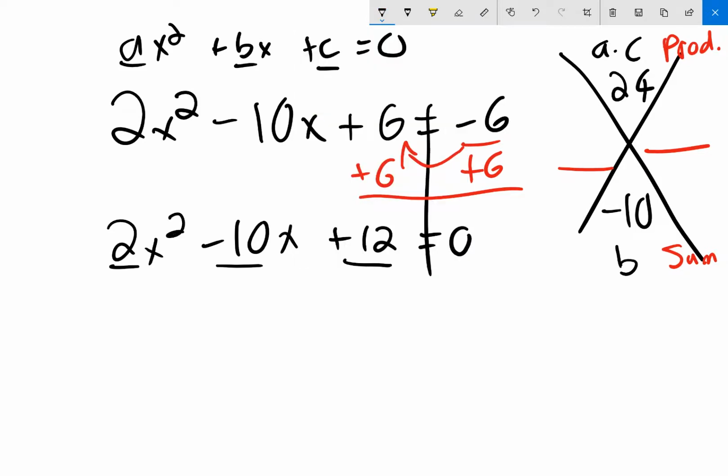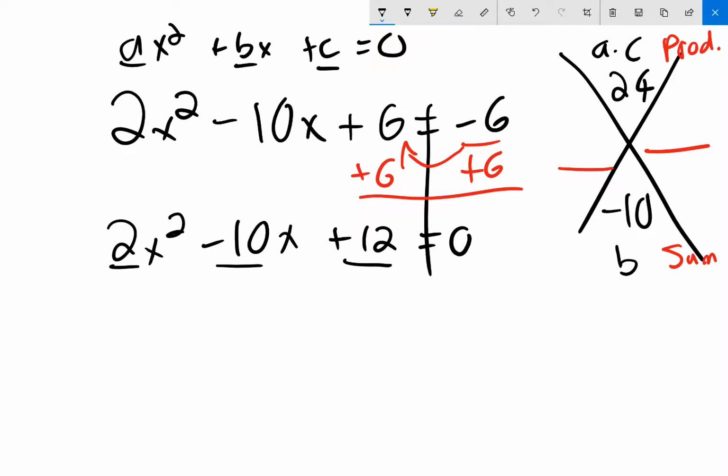I'm going to write this down again as well. So again, you don't have to use the x thing. You just have to think of it like this: something times something equals a times c, and something plus something equals b. So in this case, something times something is 24, and something plus something is negative 10. So same idea, okay? Have you thought of those numbers yet?